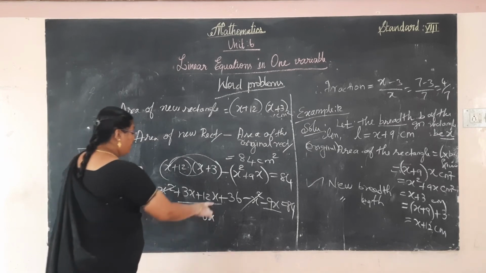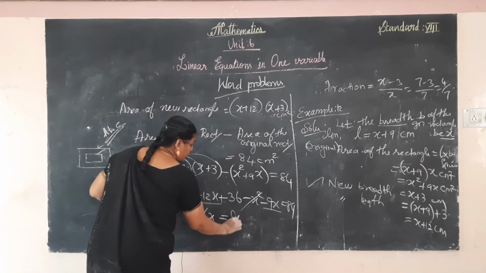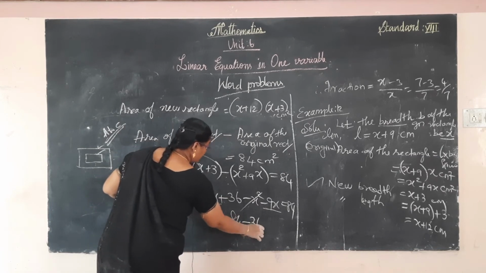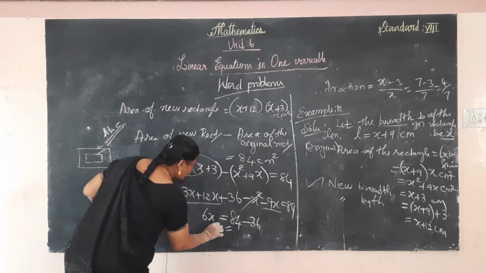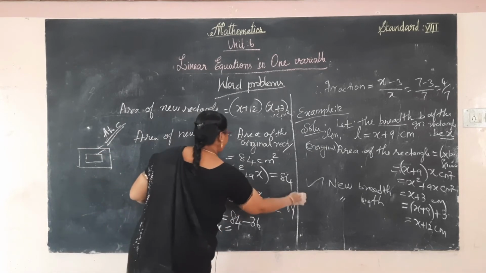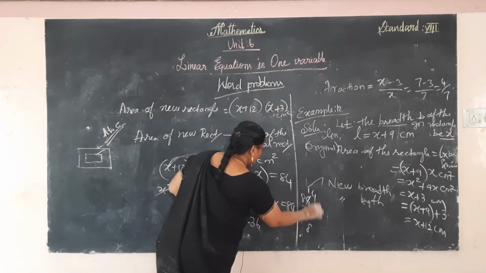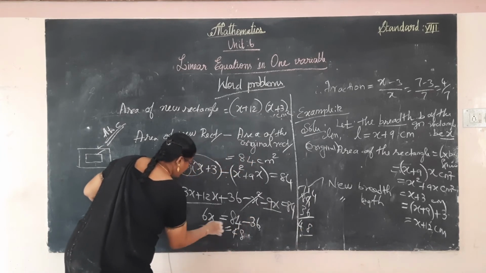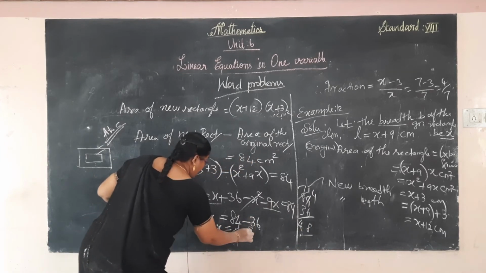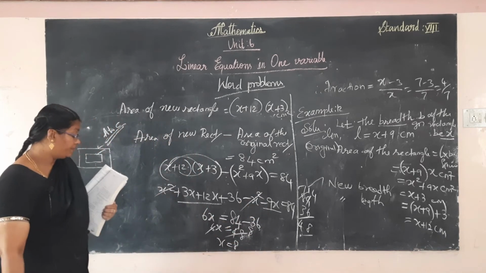And then plus 36 moves to that side, subtract: 84 minus 36 is 48. 6 8s are 48. So x equals 8.